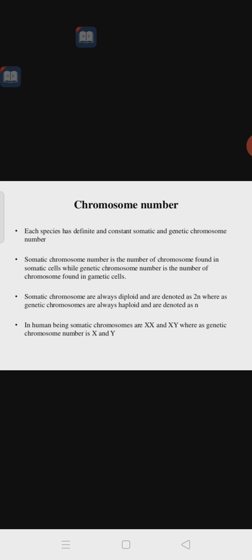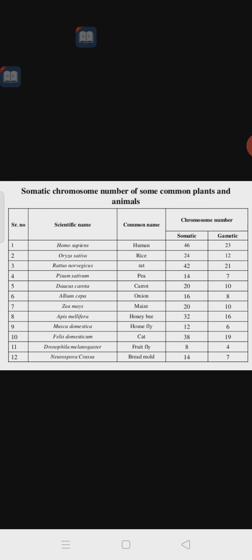Gametic or allosomes are denoted by n. In human beings, somatic chromosomes are XX and XY, whereas gametic chromosomes are X and Y. So the somatic chromosomes mean body chromosomes, XX, XY, and these we call the gametic chromosomes. Here the number of somatic and gametic chromosomes is given.